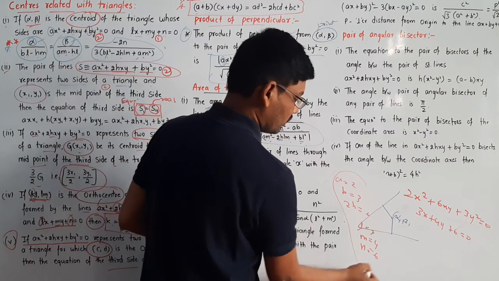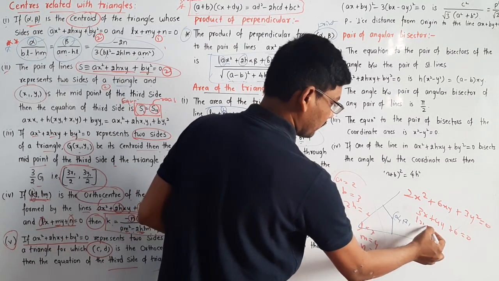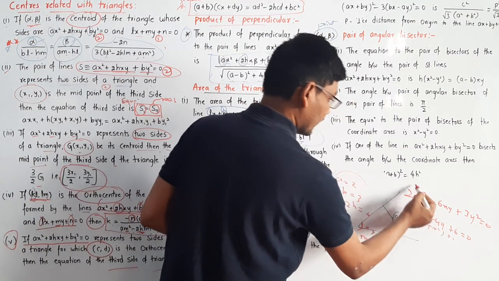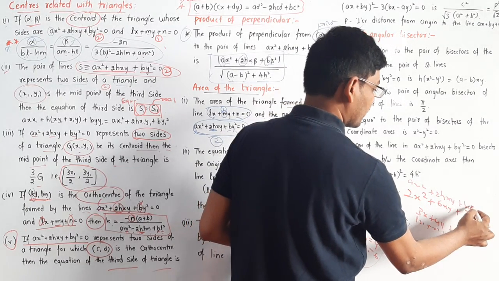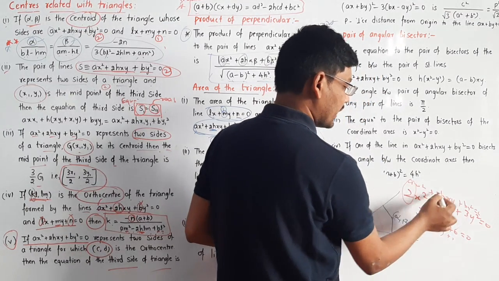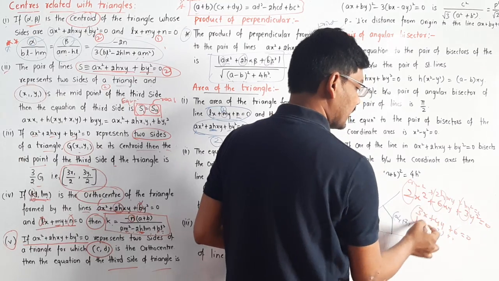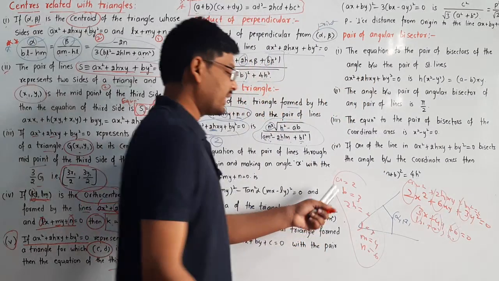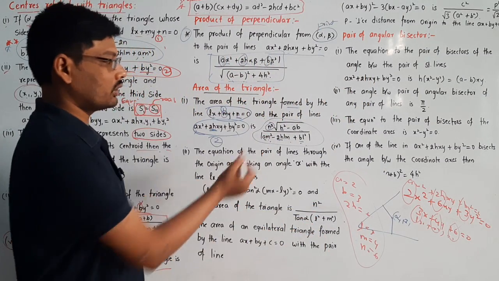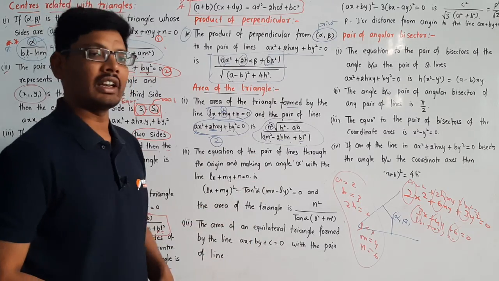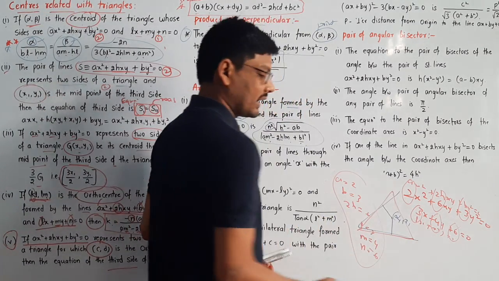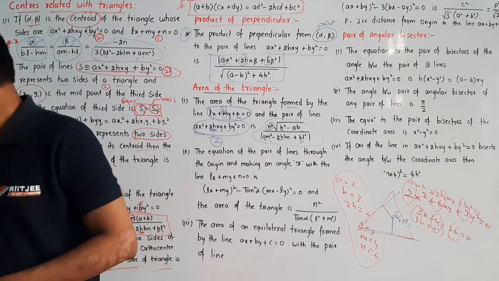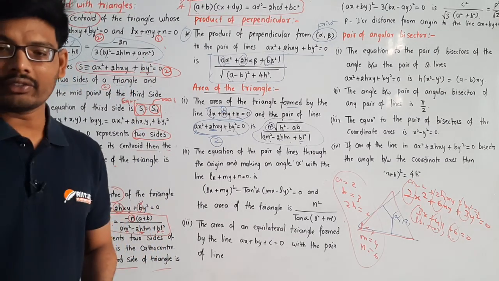You can compare a, 2h, b, l, m, n with Lx plus My plus n and ax square plus 2hxy plus by square is equal to 0. After getting all these 6 values, you can substitute in this expression and find the area of the triangle directly. This is all about this point.